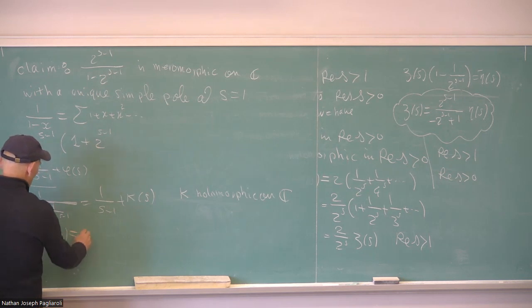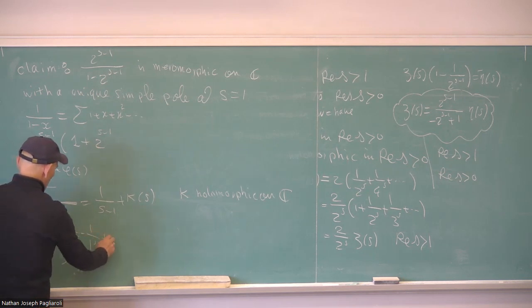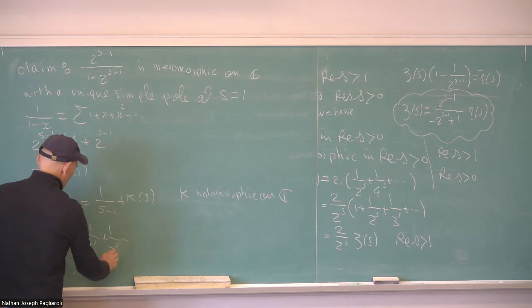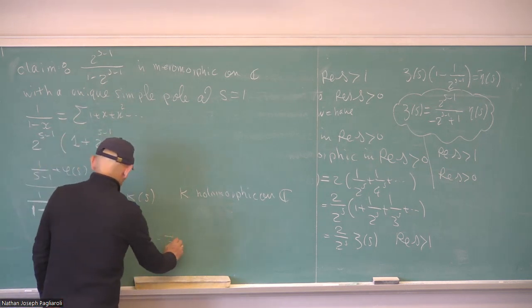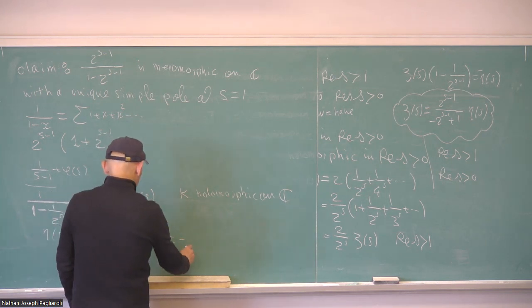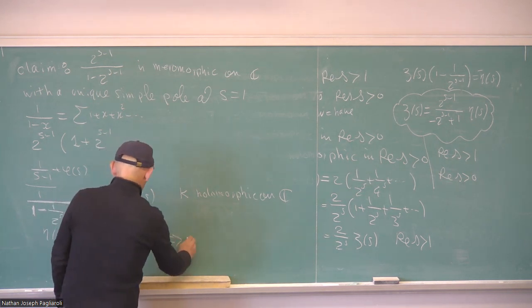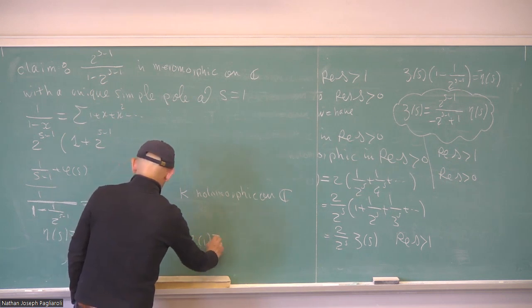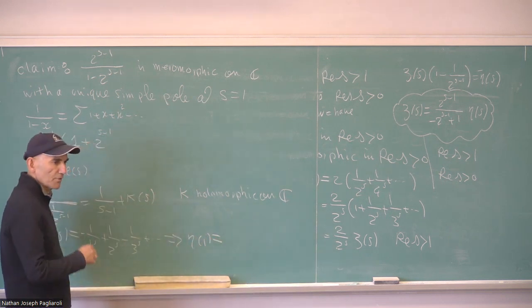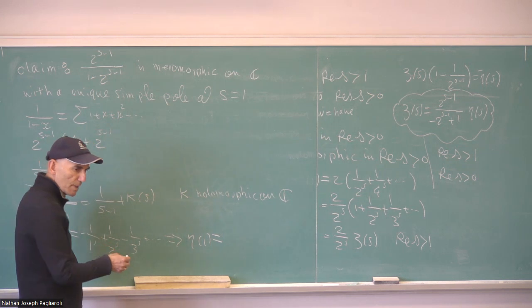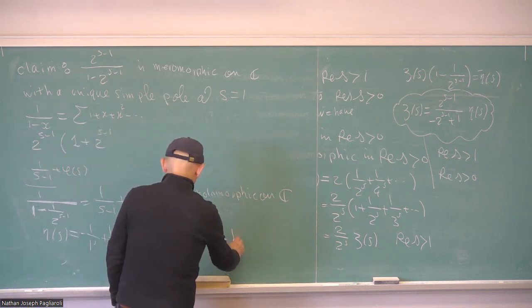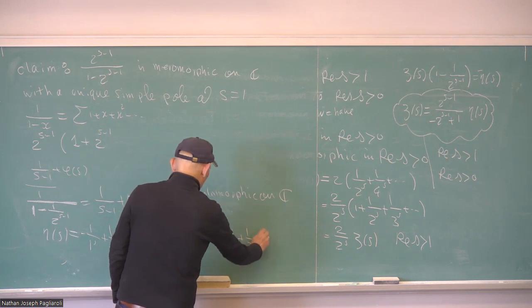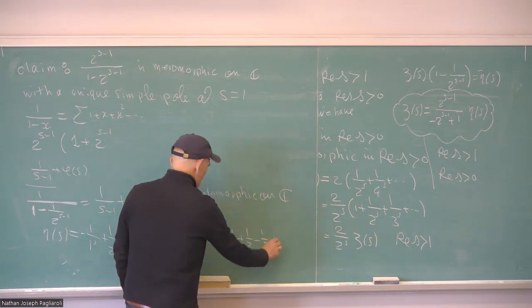Eta of s was minus 1 over 1 to the s plus 1 over 2 to the s minus 1 over 3 to the s, and so on. So this shows that eta of 1 is equal to minus 1 plus a half minus a third, and so on.